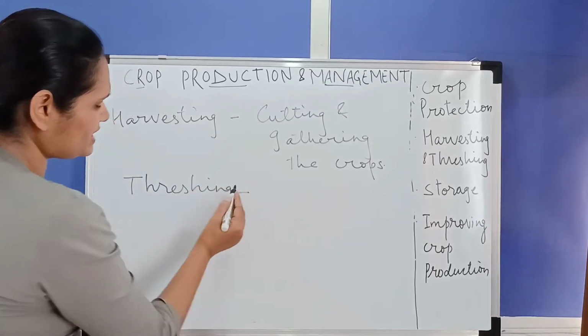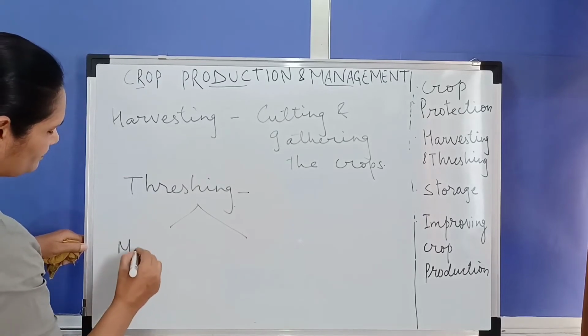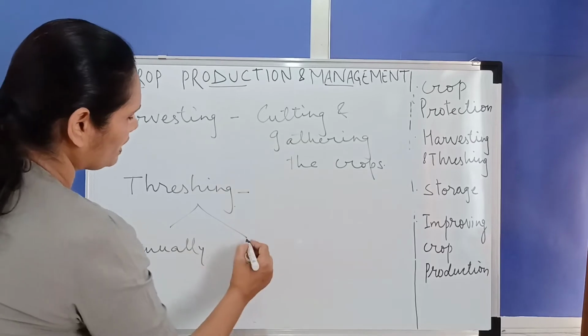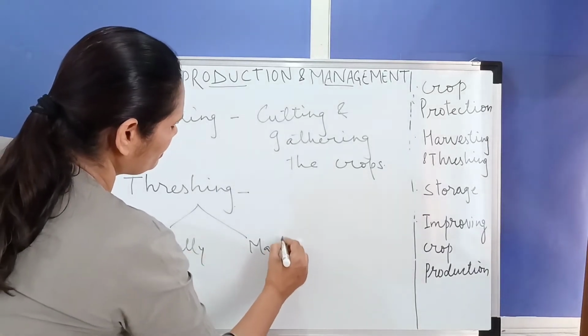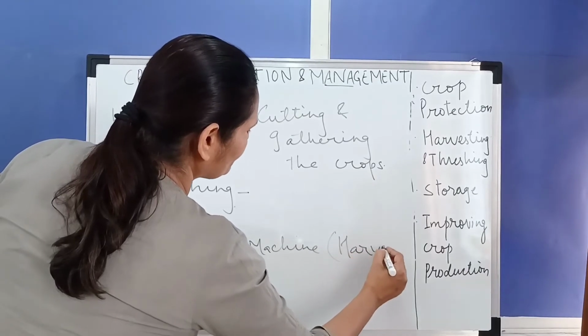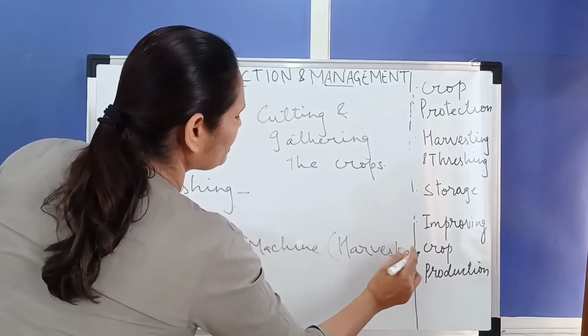right? So this threshing can be done manually or by using a machine. What is that machine called? That is called a harvester, right?